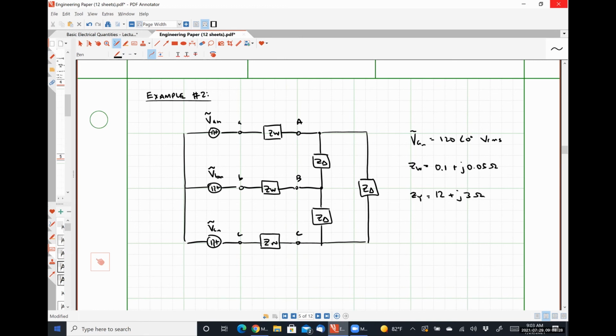Could we create a single phase equivalent circuit for this guy? Wouldn't we want to make the load portion be a Y instead of delta? Right. So what Annabelle was saying was we'd have to figure out a way to make the load look like a Y connected load in order to draw the single phase equivalent circuit for this.